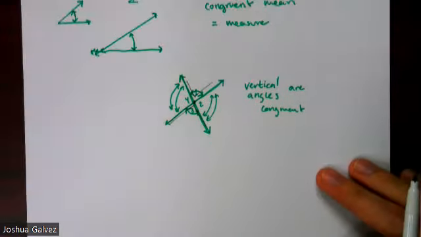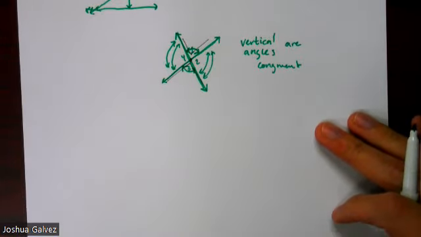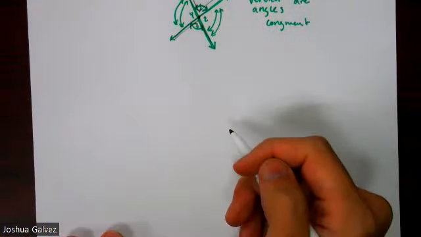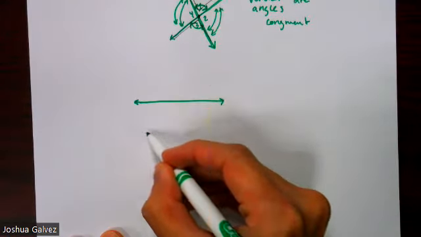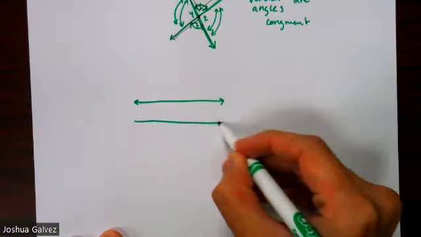Okay, the last one involves corresponding angles. For this, we need a pair of parallel lines. I'll try my best here to make some parallel lines. Okay, these are supposed to represent parallel lines. If you've got parallel lines and a third line that's going to come in here and intersect, it's going to make four angles. 1, 2, 3, and 4.